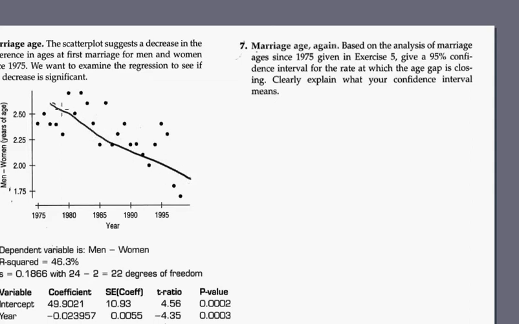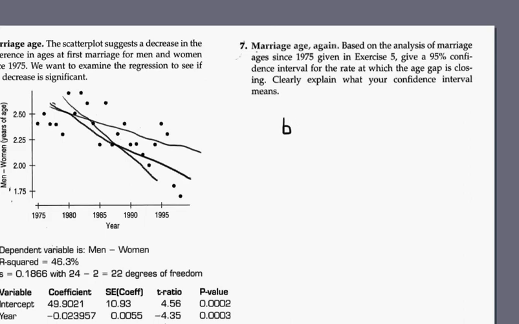But the question is, if we sampled again, like if we went back in time and sampled again, we might get a line like this, or a line like this. There's going to be some play, so to speak, because we're random sampling. There is some variability, even though we know the relationship is something systematic. So if you were building a model, somebody might want to know, how much does the slope change?